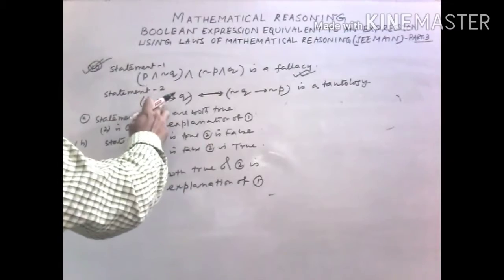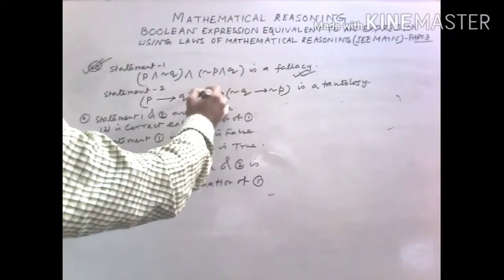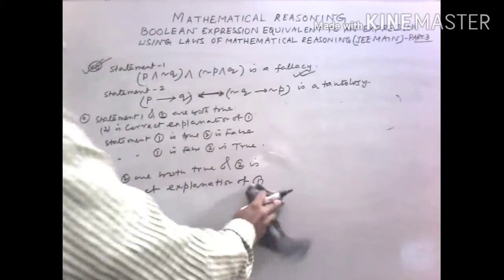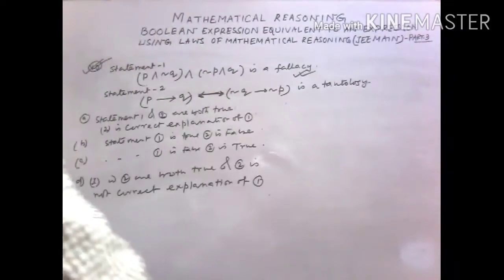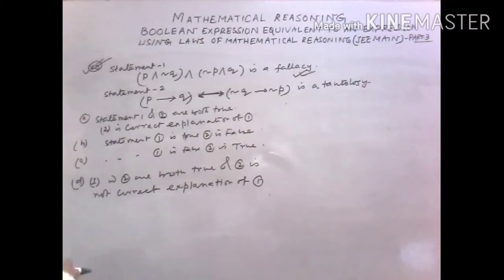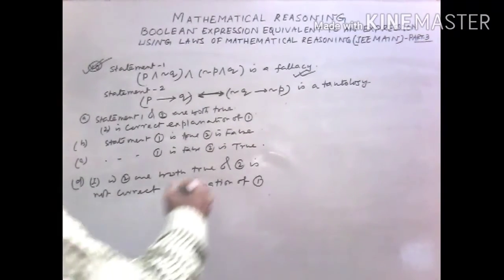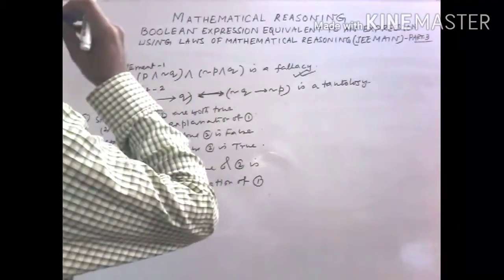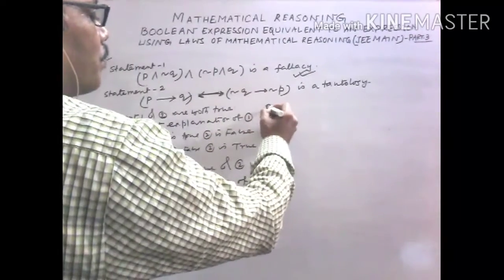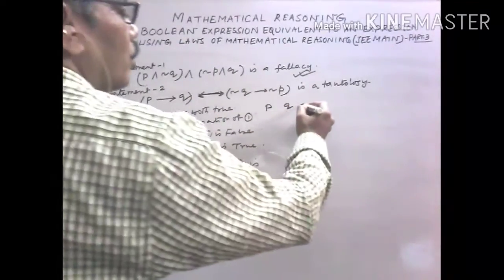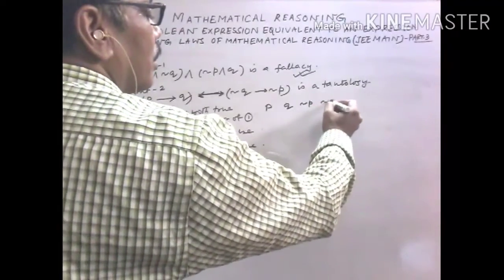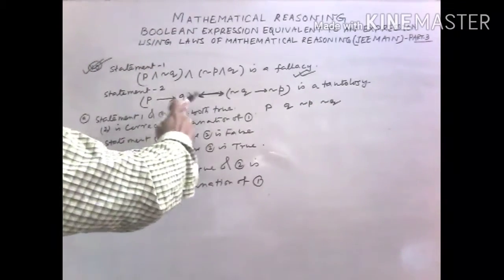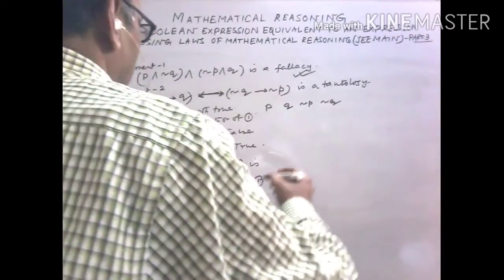So this one is conditional, this is biconditional. If we use the algebra method, it will be complicated. Here we use the truth table. So look, what are the possible options? Truth table: P, Q, negation P, negation Q. These are the components.